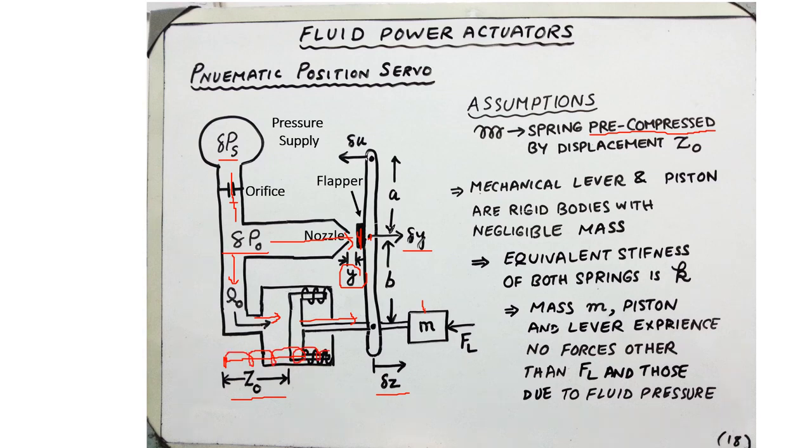The mechanical lever and the piston are rigid bodies with negligible mass, as was the assumption in the previous case. So this lever and the piston have negligible mass compared to the mass m of the load.